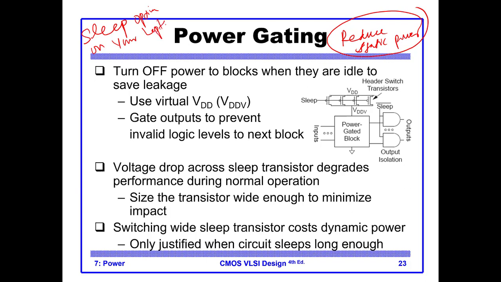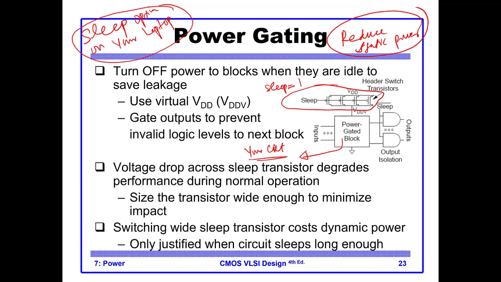When you put it to sleep, the circuitry is turned off. How it is done is that you have a bunch of transistors, in this case PMOS, connected to the VDD supply, and when you put the sleep to 1, all these transistors are turned off, and your circuit is isolated from the supply voltage.